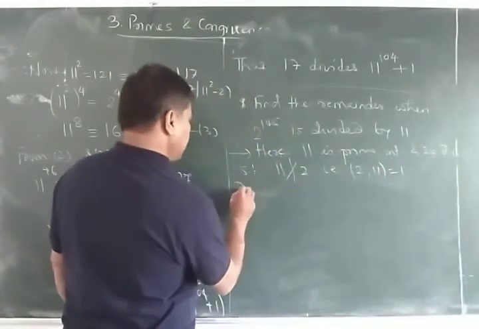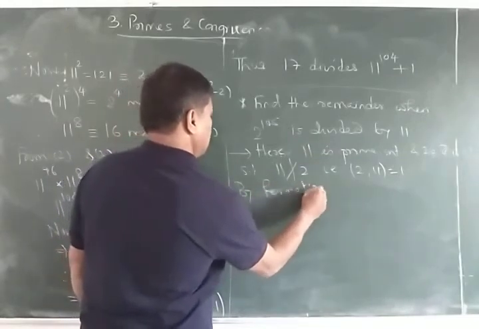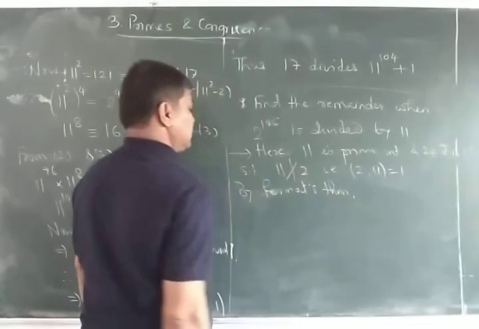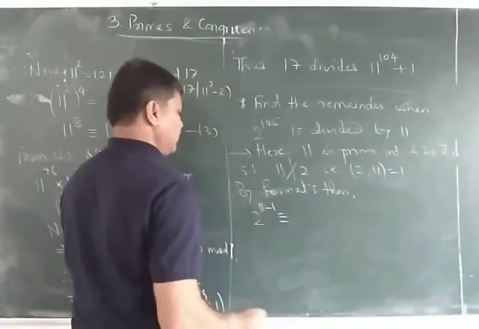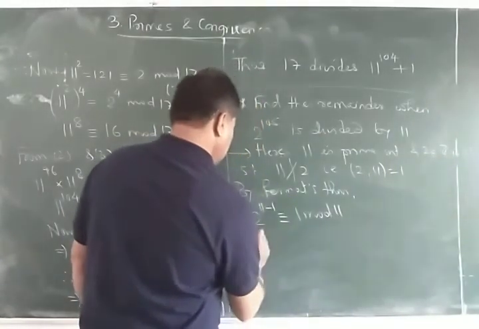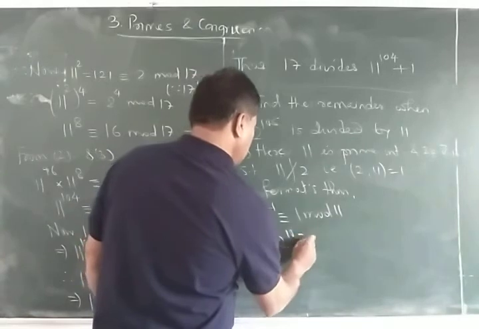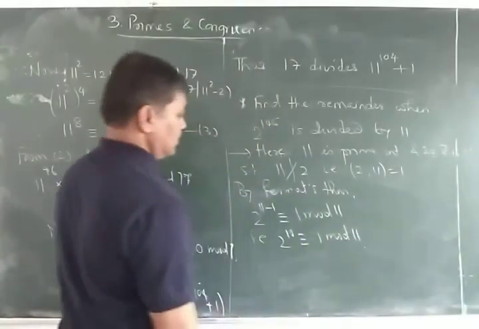Therefore, by Fermat's theorem, 2 raised to 11 minus 1 is congruent to 1 mod 11. That is, 2 raised to 10 is congruent to 1 mod 11. This is 1.